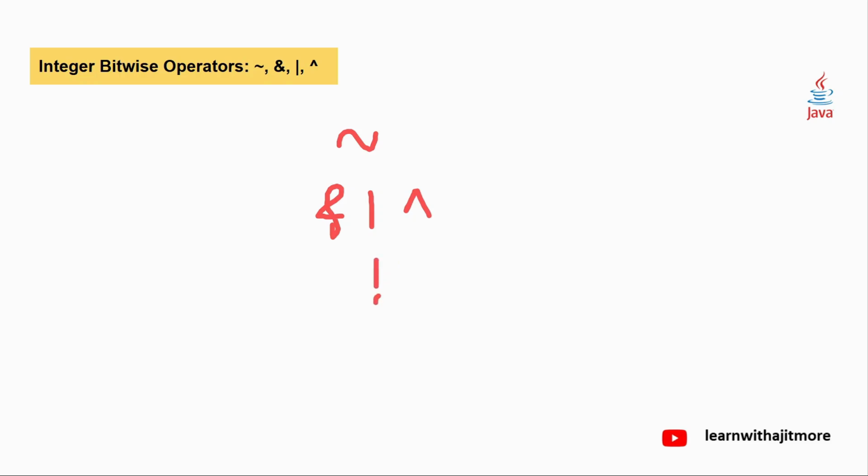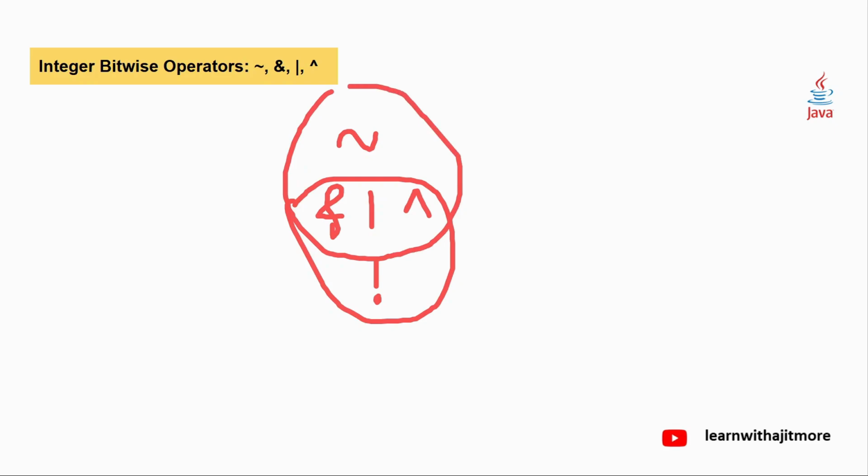I did this overlapping part, this group, and I took this group. So what is overlapping in both groups: AND, OR, XOR? Here NOT is separate, tilde is separate. But in that group these three are there, and in this group also these three are there.